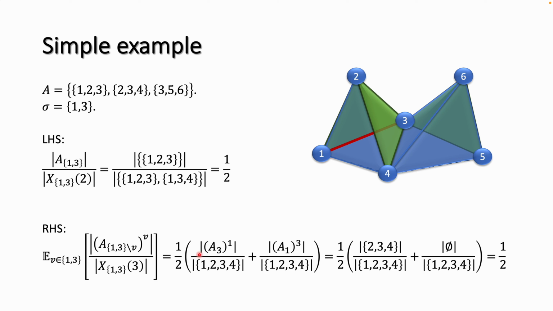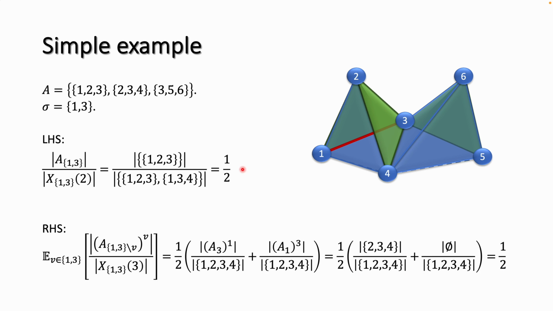So this expression here is basically this triangle 2, 3, 4. And when we look at this one, the localization of A to the vertex 1 is only this triangle 1, 2, 3, but it doesn't form a pyramid with the vertex 3 because it contains it. So this is basically an empty set, and if we sum it, we get here again half.